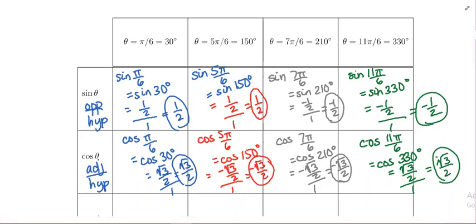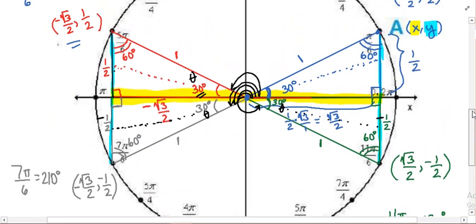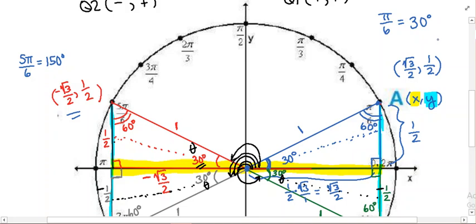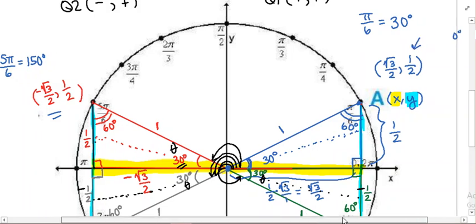Now watch this. This is fascinating. I'm going to go back to each of these angles, and we're going to notice something major. Let's start with pi over 6. What's the sine? 1/2. Look at the coordinates. Here are the coordinates for pi over 6.